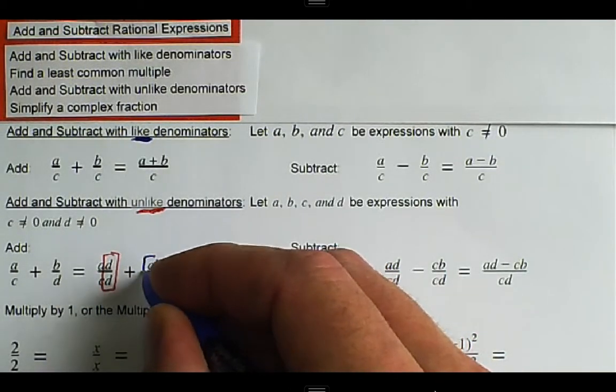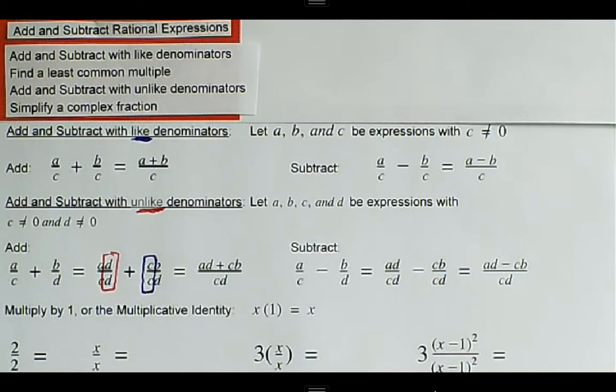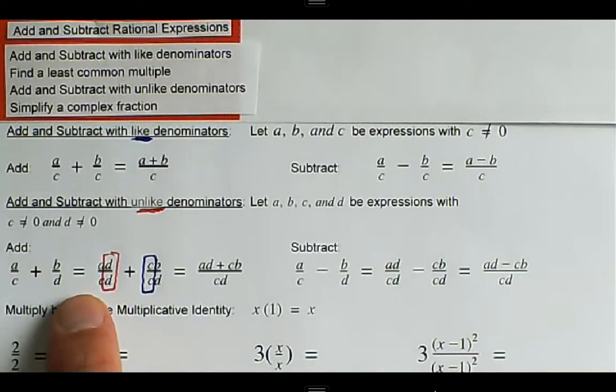So on the right side, we're going to multiply by C divided by C. And once we have that, we can just add the numerators, AD plus CB, and then leave the denominator alone, which is CD.